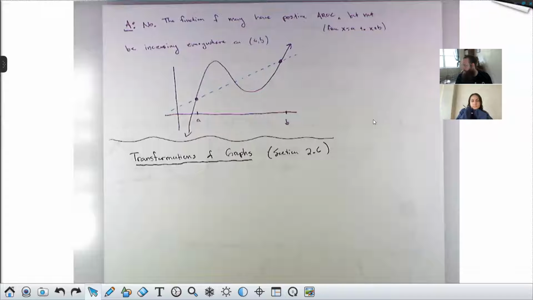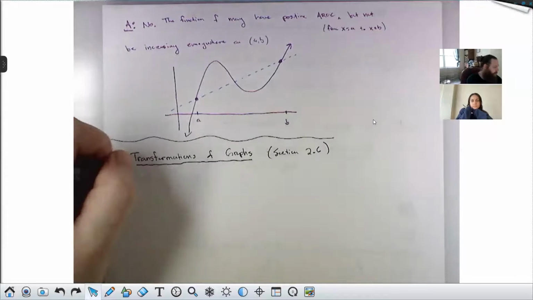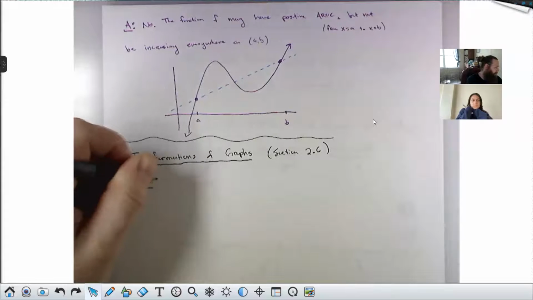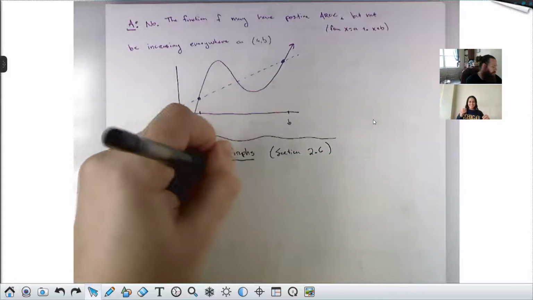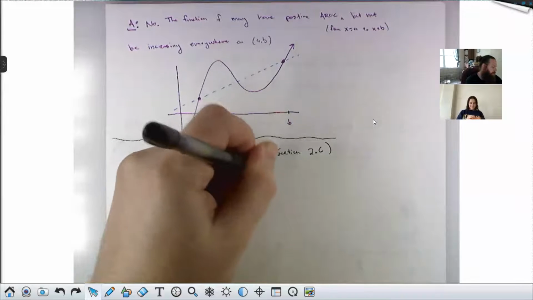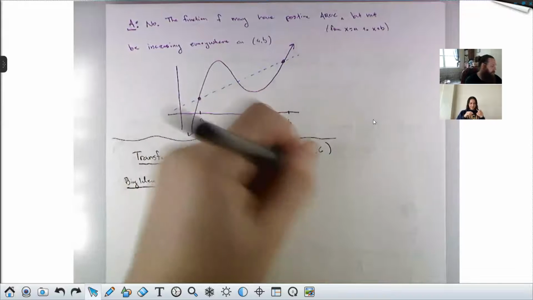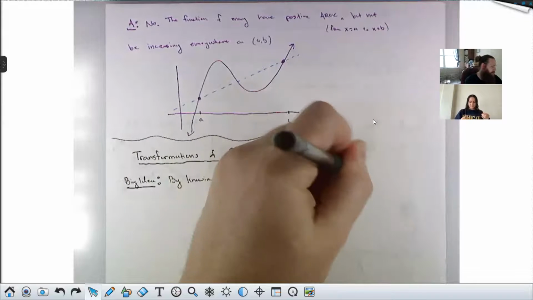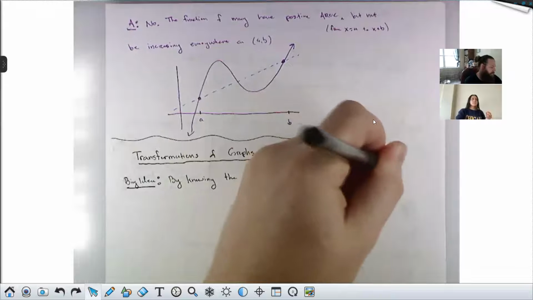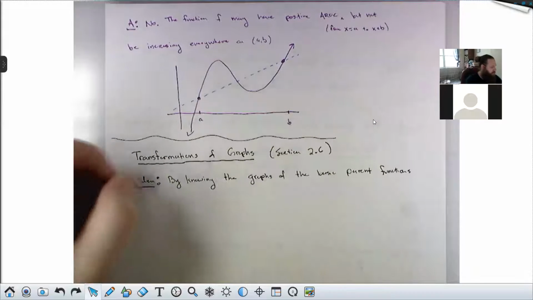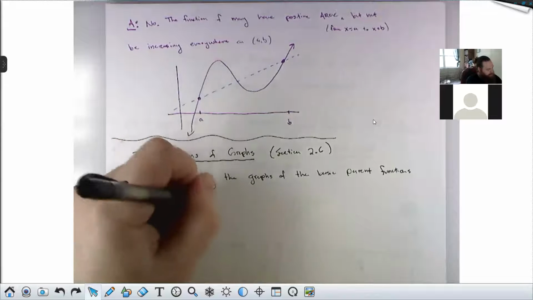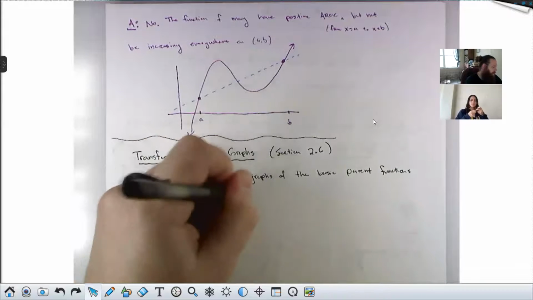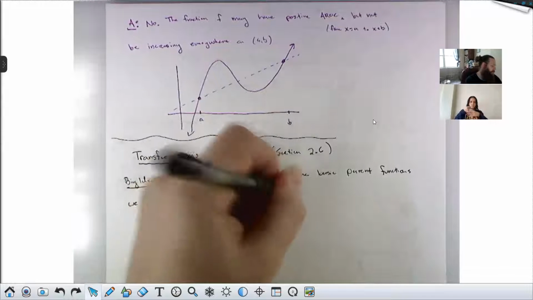So the big idea here is that by knowing the graphs of the basic parent functions, those graphs I showed you in Desmos, we can obtain graphs of many, many functions.